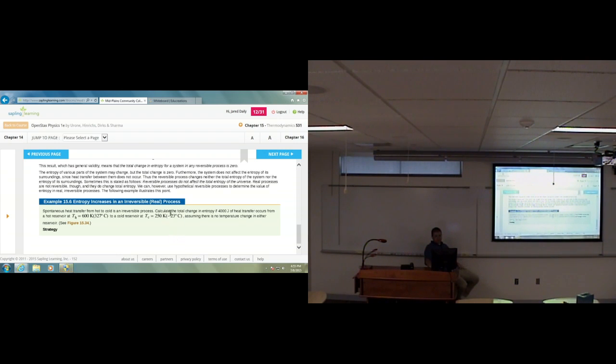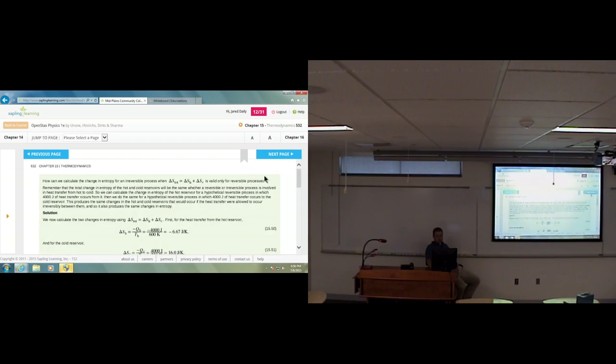So we're going to calculate the change in entropy of 4,000 joules of heat transfer from a hot to a cold reservoir. We have the heat, we have the temperature. We don't need the temperature change. To calculate this, we take the change in entropy of the hot reservoir: 4,000 joules going out at 600 Kelvin is negative 6.67 joules per Kelvin.